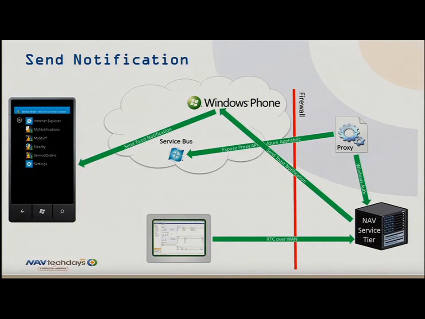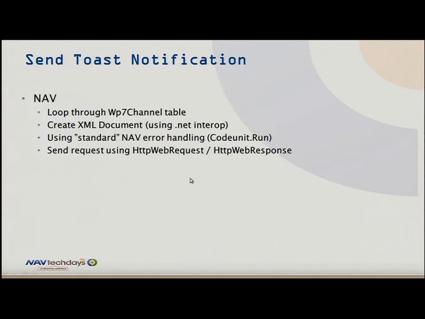And as I said before, this was done by creating an XML document and sending that to the URL that's in the WP7 channel table. Since this is a broadcast, we just loop through the entire table and find whatever URLs match my application, and then we send this document to all of these.